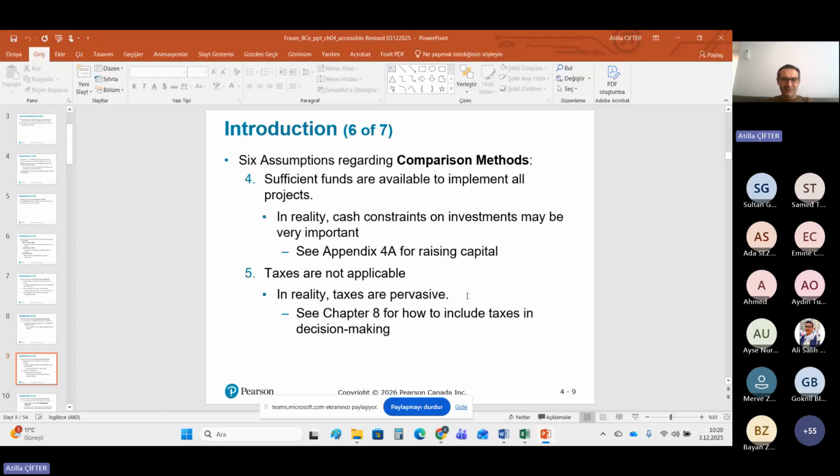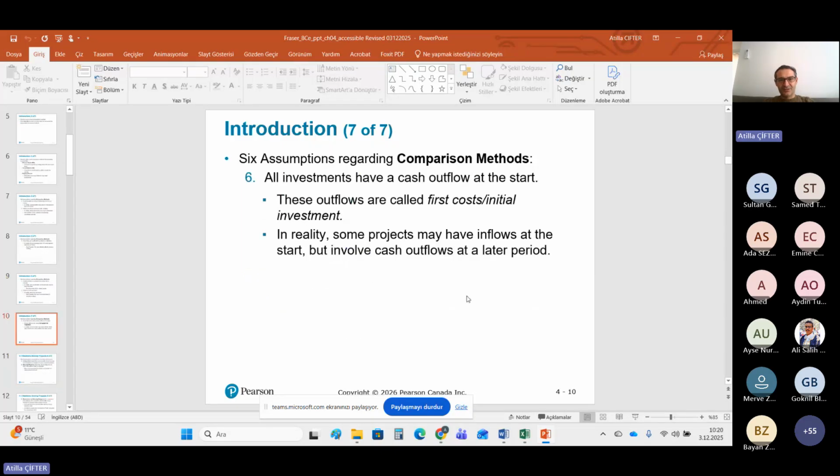Because if you try to compare projects, it means that you have enough money to invest. If you don't have money, then why would you compare them? Therefore, we have sufficient funds available. And then taxes are not applicable, because we may have different tax rates for different investments, so in this case, we will just fix that taxes are not applicable for these projects.